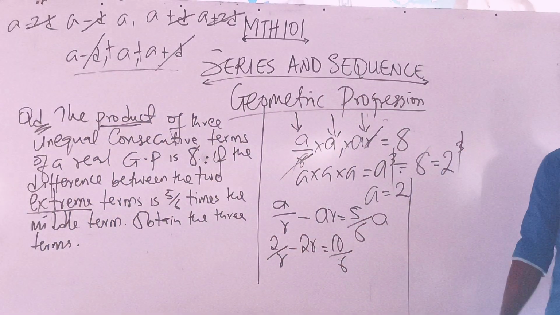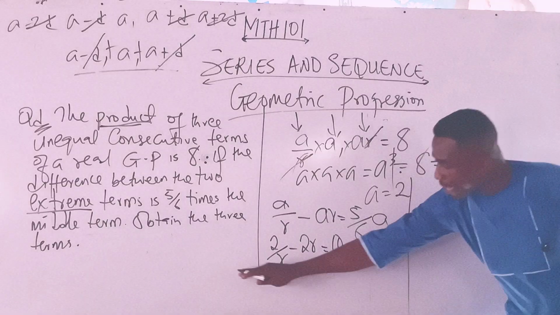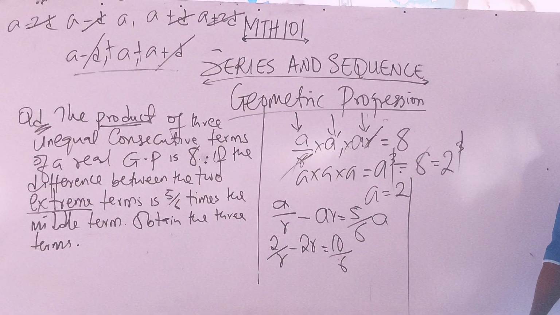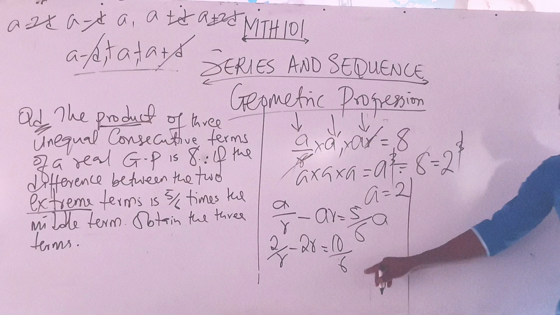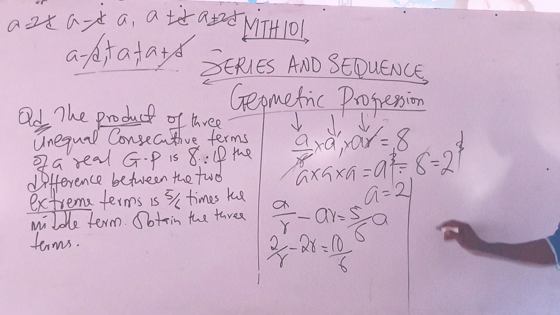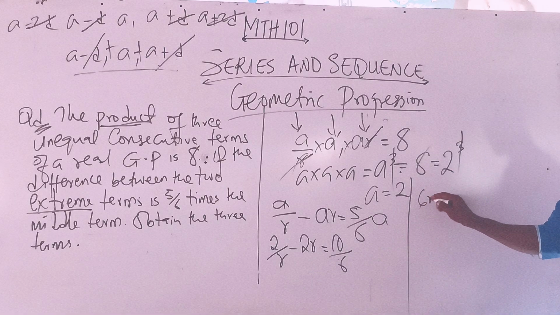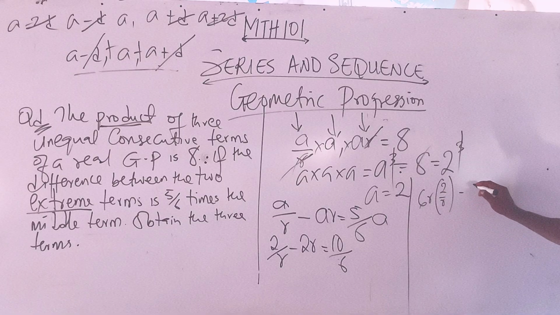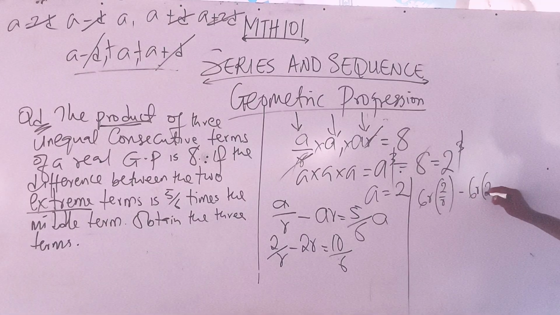Multiply both sides by the LCM. So what is the LCM? Say 6R. 6 times R is 6R, right? Okay, let's go there now. 6R multiplied by 2 over R, minus what? 6R multiplied by what? 2R.